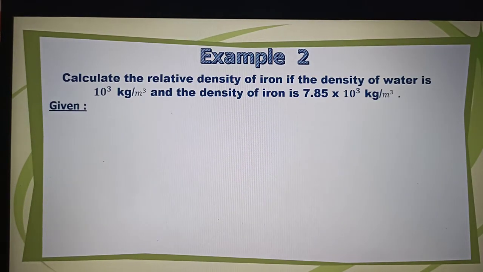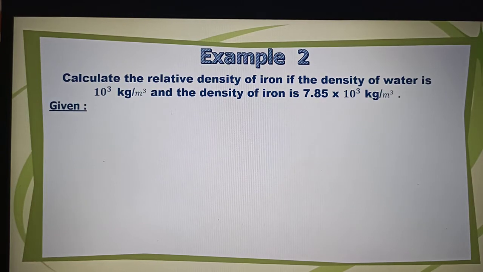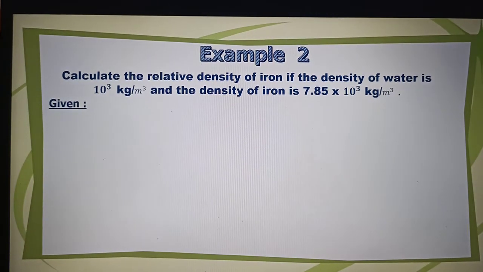Next, second example. Calculate the relative density of iron if the density of water is 10 raised to 3 kilogram per meter cube and the density of iron is 7.85 into 10 raised to 3 kilogram per meter cube.